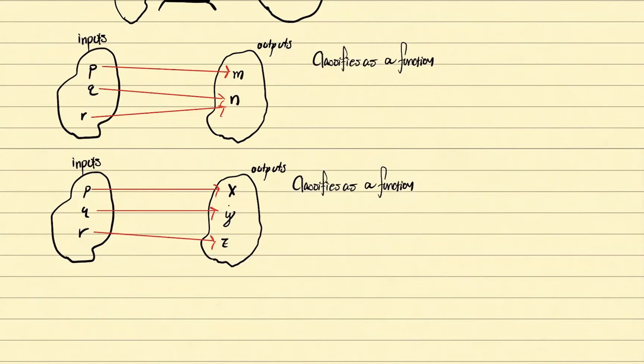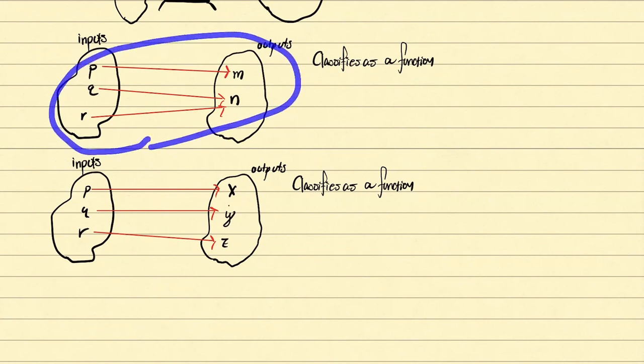Or it could be that P, Q, and R all get mapped to X, meaning when I put P, Q, and R into my function, it gives me the same output X, no matter what. But I've given you two examples of what would classify as a function. This relationship is a function.